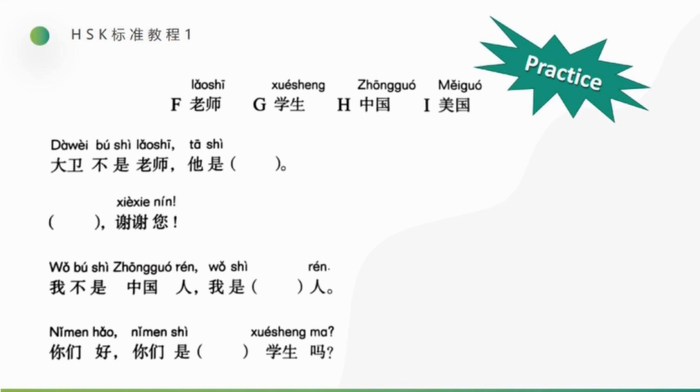Okay, the first one. 大卫, David, 大卫不是老师，他是学生. We should choose G. Next one.